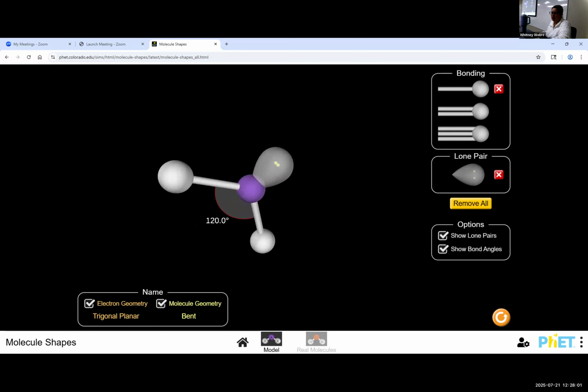You can see it's still going to be the electron geometry because you have 3 things attached. It's still going to be trigonal planar because that's always the amount of things attached. If there are 2 things attached, it will always be linear. If there are 3 things attached, whether it be a bond or a lone pair, it's always going to be trigonal planar, but the molecular geometry starts adjusting when the shapes start changing.